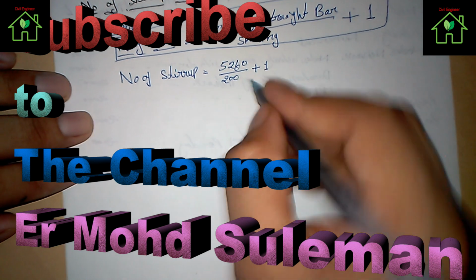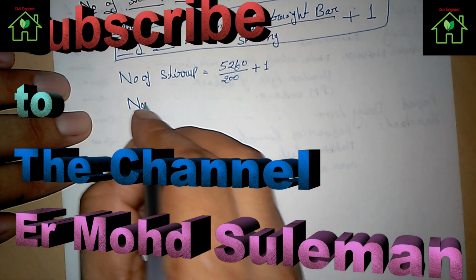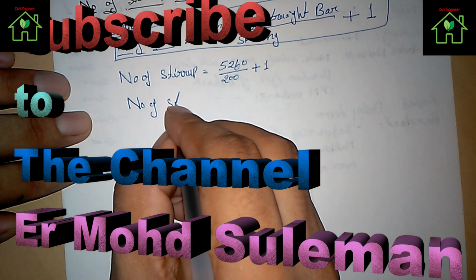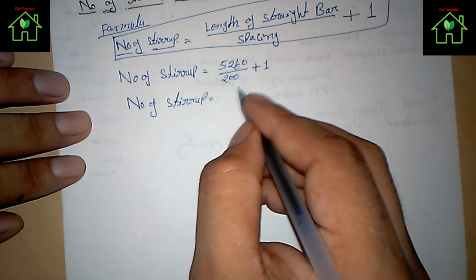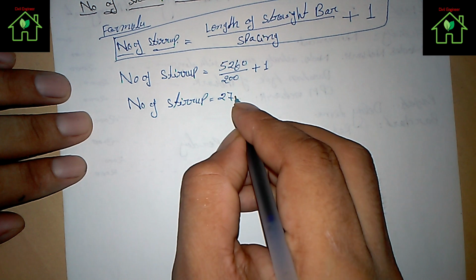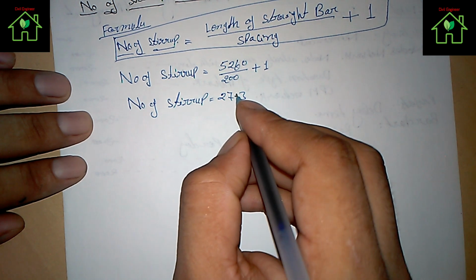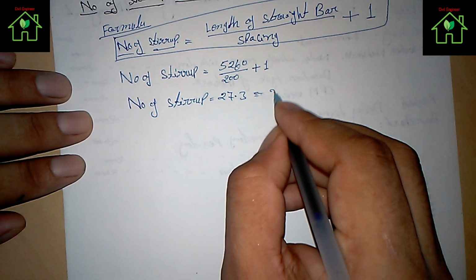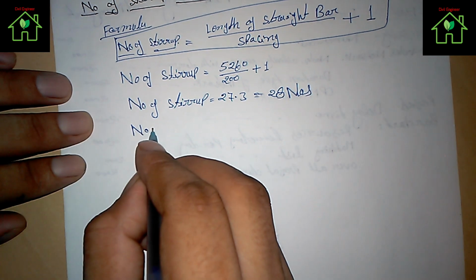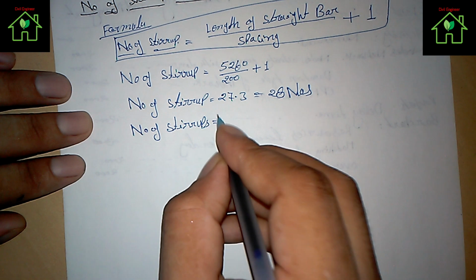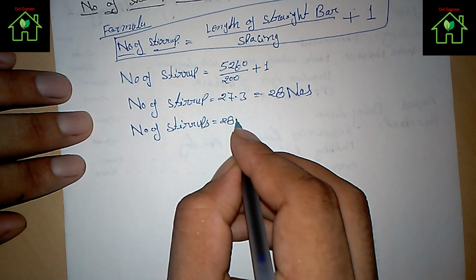After the calculation, we will get the number of stirrups equal to 27.3. Approximately 28. So number of stirrups equals 28 nos.